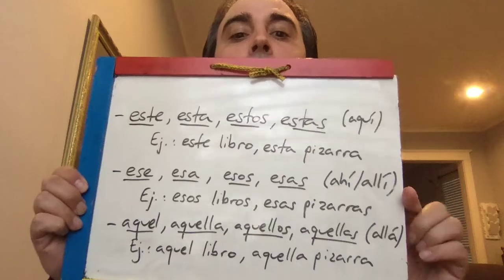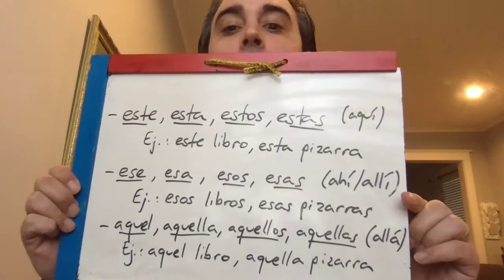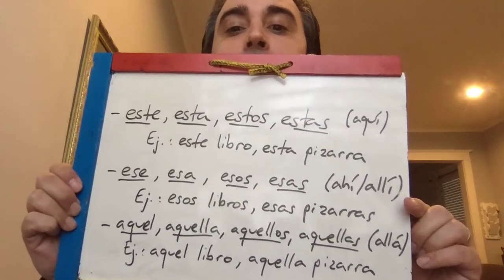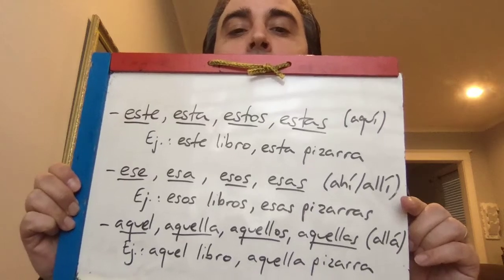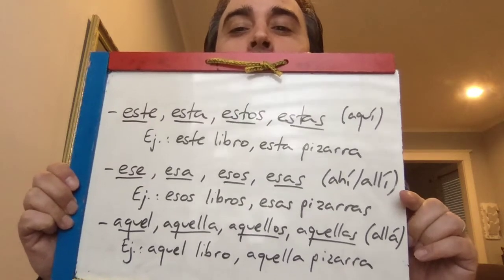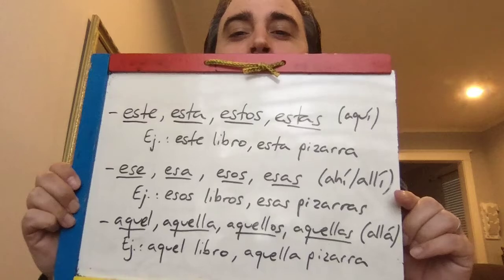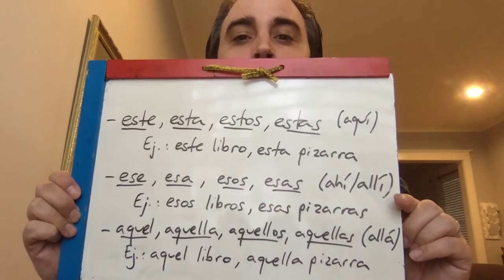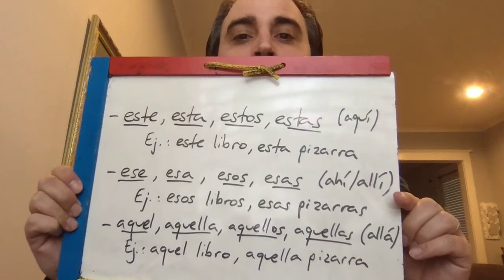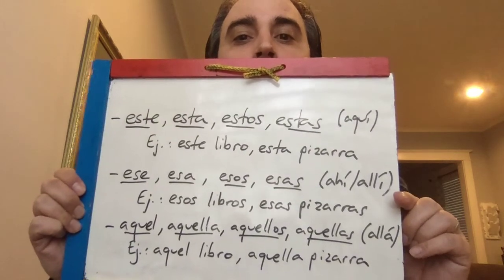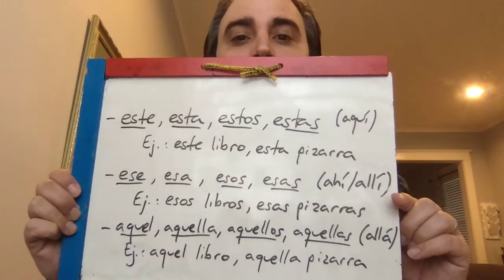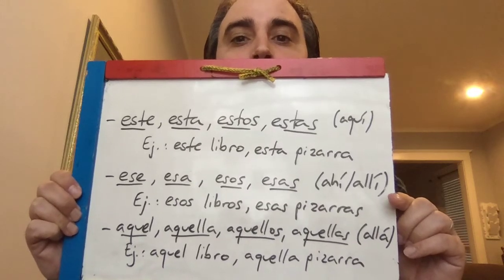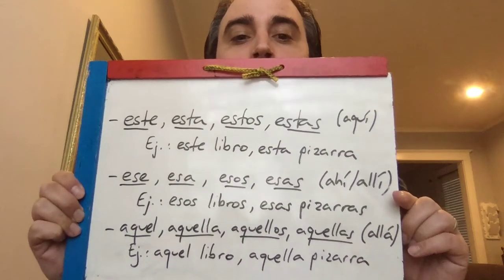Por ejemplo, esos libros, esas pizarras, o ese libro, esa pizarra. These talk about things or people that are a little bit farther away from the speaker. Not next to the speaker, but a little bit farther away from the speaker.